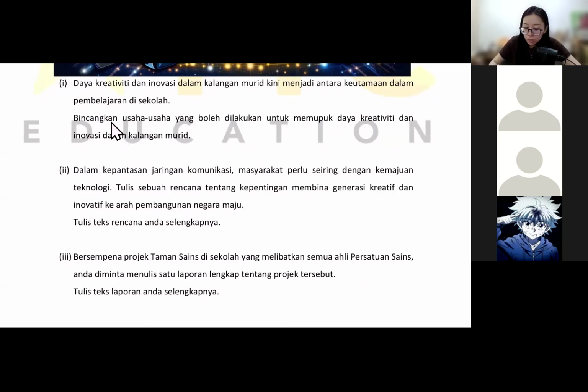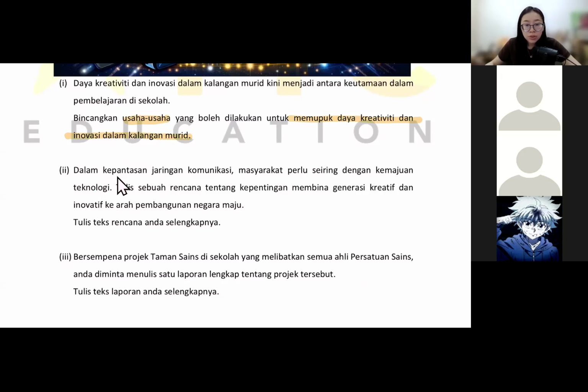Now, bincangkan usaha-usaha, discuss about the way yang boleh dilakukan untuk memupuk, to cultivate, daya kreativiti dan inovasi dalam kalangan murid. Now, this asking you find a way to cultivate students have the creativity ability and also the innovations.